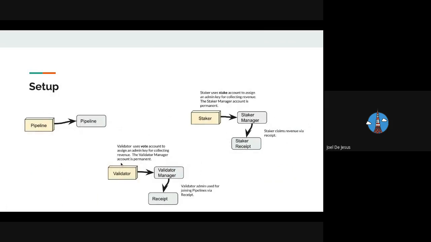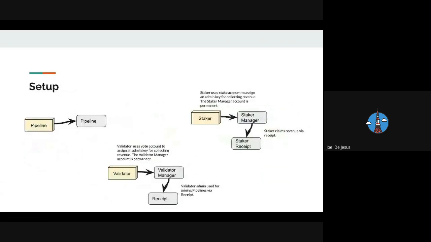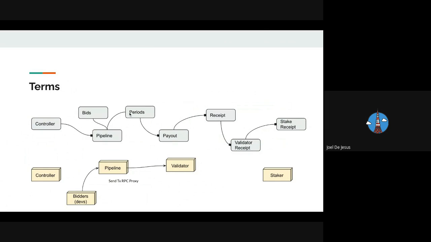So the pipeline's job is to manage the bids and to create the periods. The pipeline is running the bidding cycle. Everything on this side is basically about counting money.